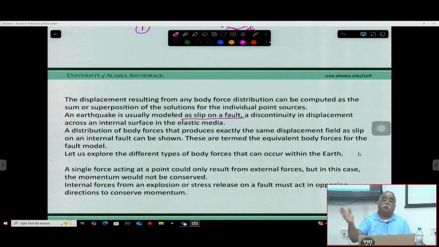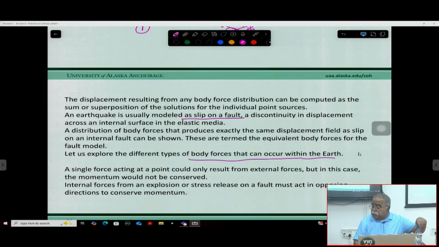And for that only we need to calculate the displacement part, right? So it is an equivalent body force which will basically be the slip on the fault. Okay. Now, we need to understand what the body forces are that can occur inside the earth, right? So this is what we need to find out.